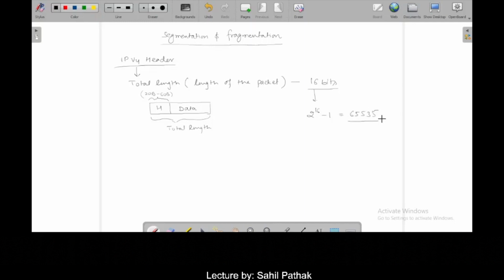So this is the maximum number that could be put in the length field of the IP header, and that suggests the maximum possible packet size is 65535. This is the maximum size of an IP datagram.